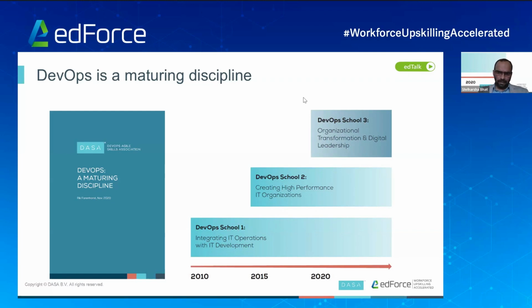In the beginning, as we see, the first school of DevOps thought is integrating IT operations within the IT development team. But slowly it improved. They started thinking it is not just about sitting together, but more about creating a high performance IT organization. Probably this is where DASA is the main driver for the start of the second school of DevOps.